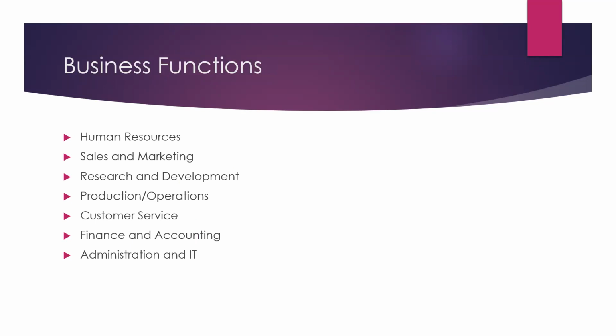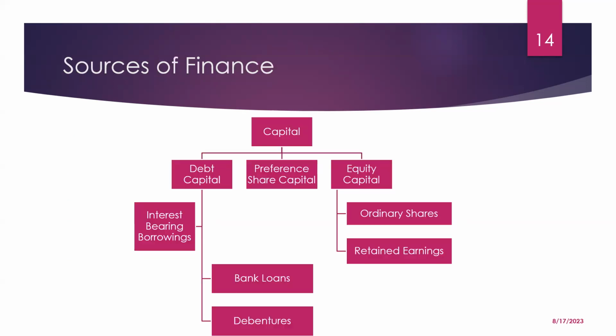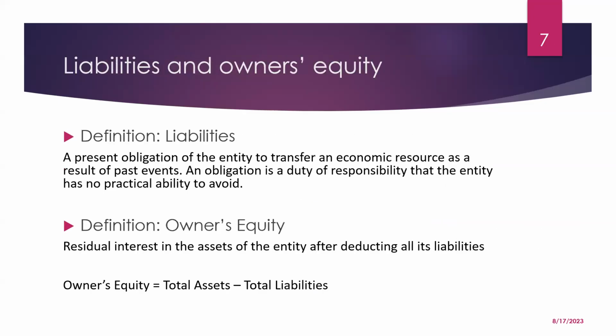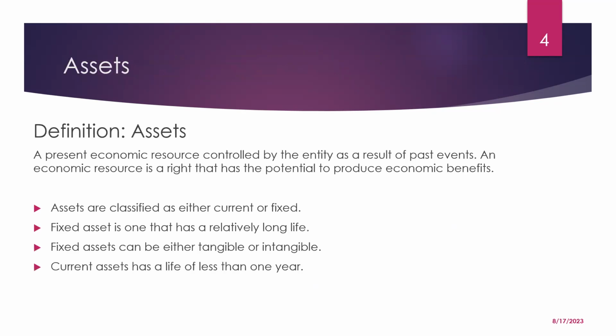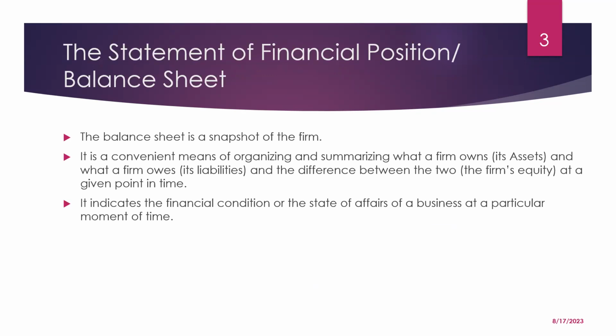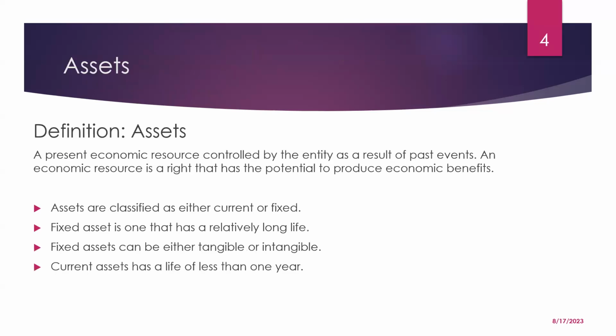So the next one is the business functions. Up to now, we have discussed the statement of financial position, or the balance sheet. The balance sheet is a snapshot of a firm, and it summarizes the assets, liabilities, and owner's equity of a firm at a particular point in time, and shows the financial condition and the financial position of the firm.